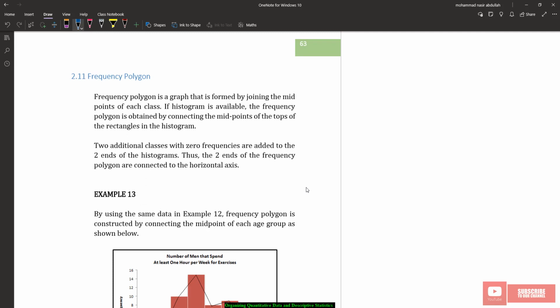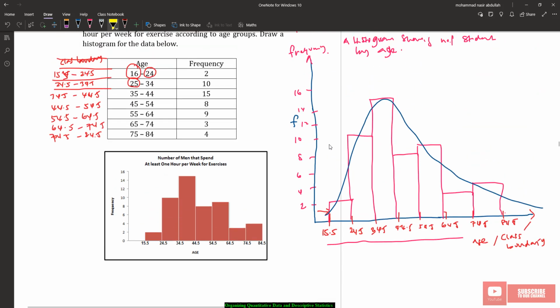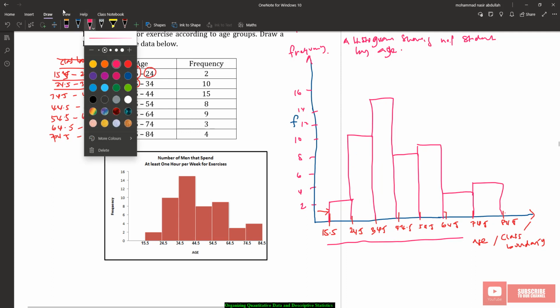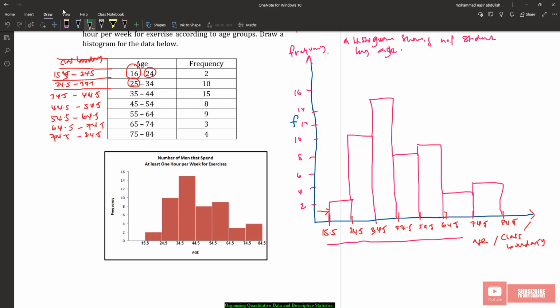Now let's look at a frequency polygon. A frequency polygon is a graph that is formed by joining the midpoint of each class on a histogram, right? So for the histogram I drew just now, let me erase this first. To construct a frequency polygon, let's say I use a green color. We take the midpoint of the top of the bar in the histogram. We take the midpoint and we join the midpoints by ruler.